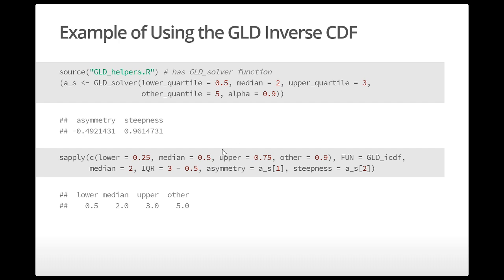And as we saw before, if I then evaluate the generalized lambda distribution inverse CDF, which is again defined in the quantile_functions.stan program on Canvas, at 0.25, 0.5, 0.75, and 0.9, putting in the median, the interquartile range, and the asymmetry and steepness parameters that I solved for, I get back exactly what I put in.